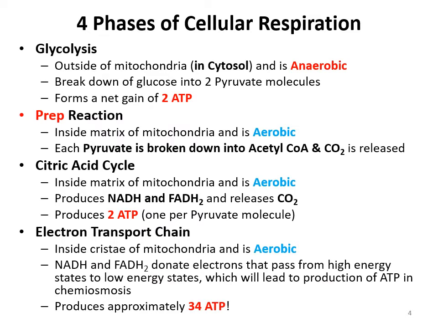Now, when we talk about cellular respiration, there are 4 phases. And what I want you to know when we talk about cellular respiration, and even when we go into photosynthesis as well, for cellular respiration, make sure you know the names of the 4 phases, which are glycolysis, prep reaction, citric acid cycle, which is sometimes called the Krebs, K-R-E-B-S, Krebs cycle, and the electron transport chain, which you'll also see the word chemiosmosis associated with it.